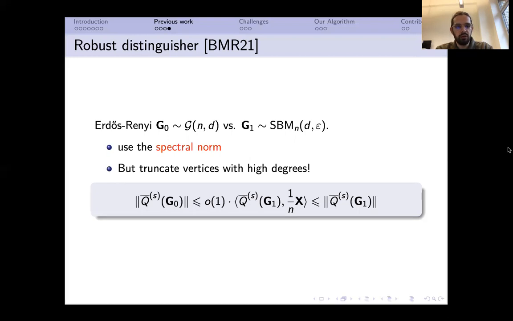And indeed, what they showed is that in the null case, the spectral norm of the truncated matrix is much smaller than the correlation between the matrix in the planted case and the community matrix. And this is clearly a lower bound of the spectral norm of Q_S in the planted case. And so it's clear that it's sufficient to look at this spectral norm to decide from which distribution the graph was sampled.